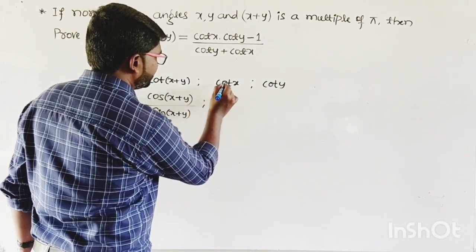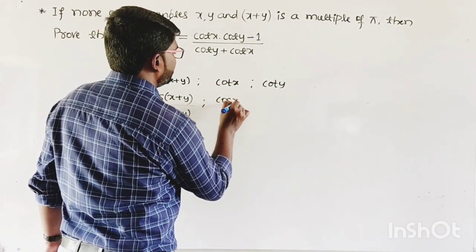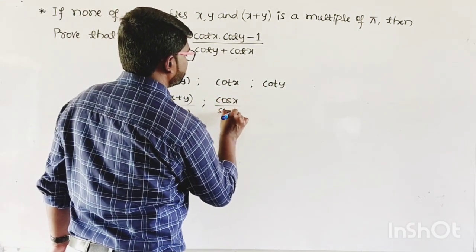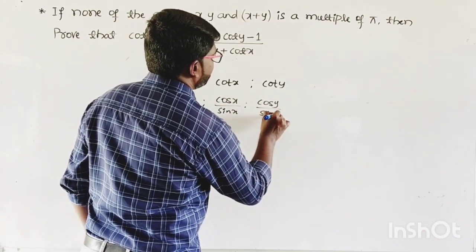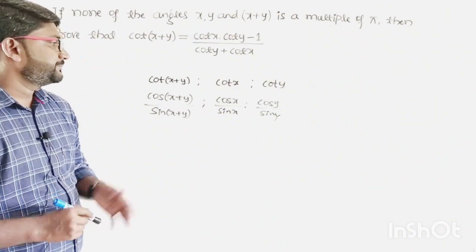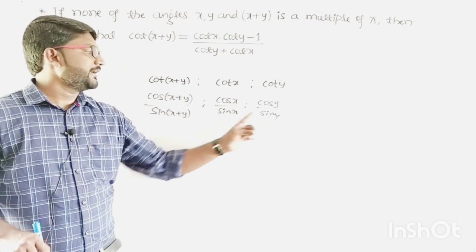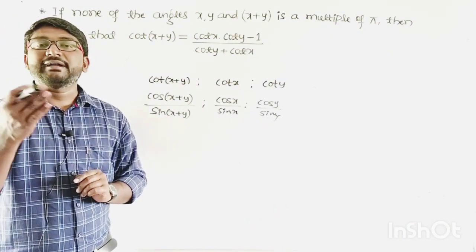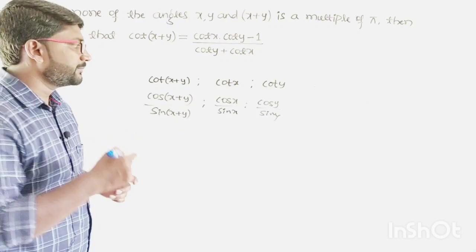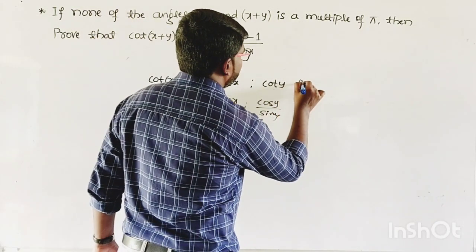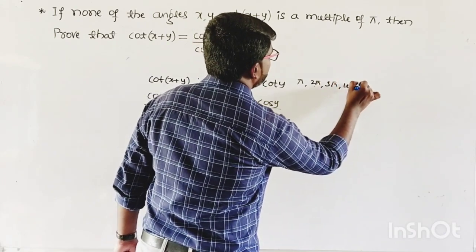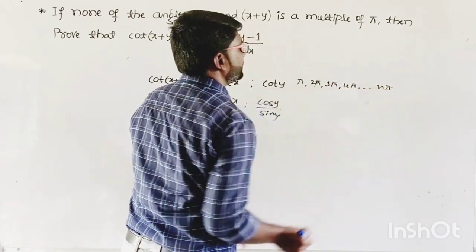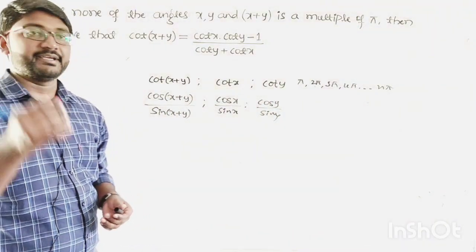And cot x is cos x divided by sin x, and cot y can be written as cos y divided by sin y. Now if the angles x, y and x plus y are multiples of pi, like pi, 2 pi, 3 pi, 4 pi and so on, n pi.